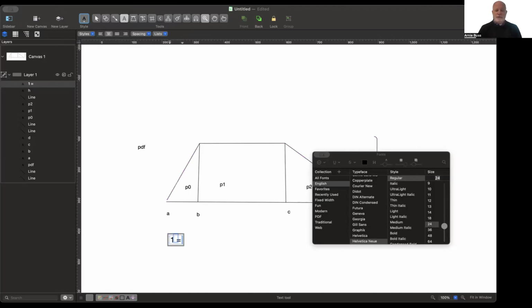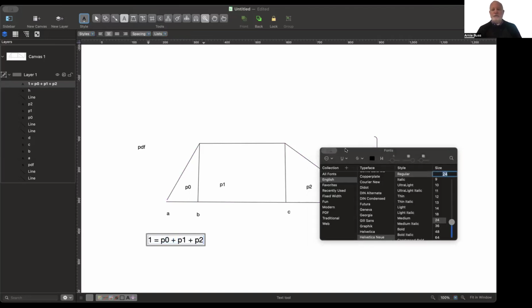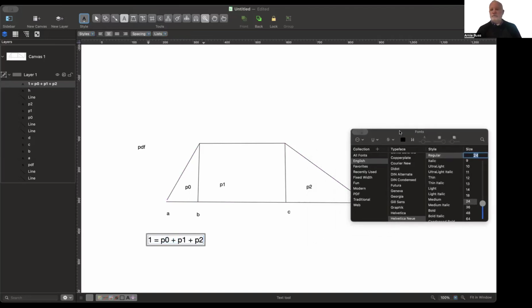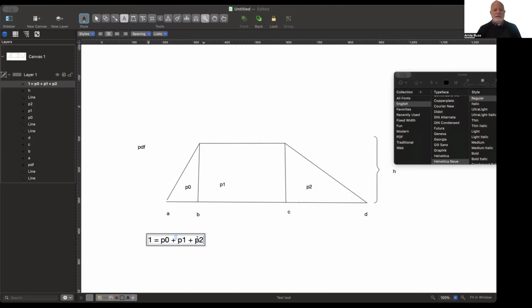So I know that 1 has to be the sum of these 3 guys. But if I know the height, let's just call it the height, I want to solve for the height actually.